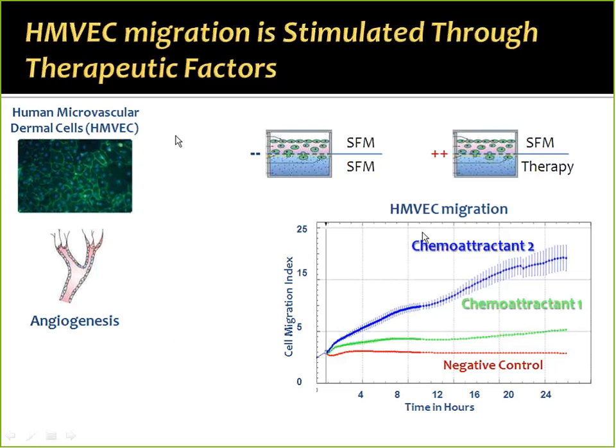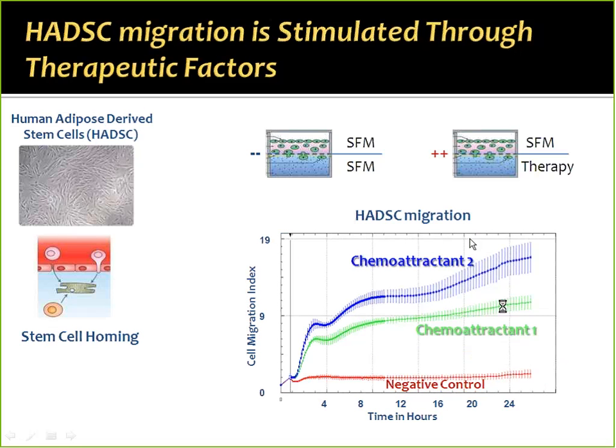We see similar results when, instead of human epidermal keratinocytes, we use microvascular endothelial cells in our chambers, and again, with therapy, those cells are coaxed to migrate faster than without therapy. And again, we see the same response with human adipose-derived stem cells.